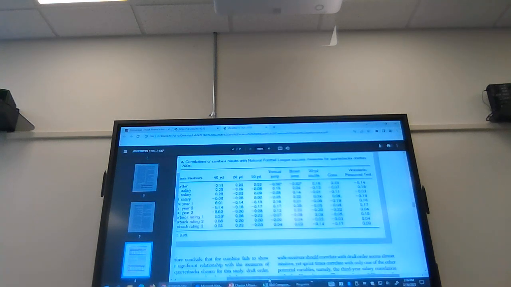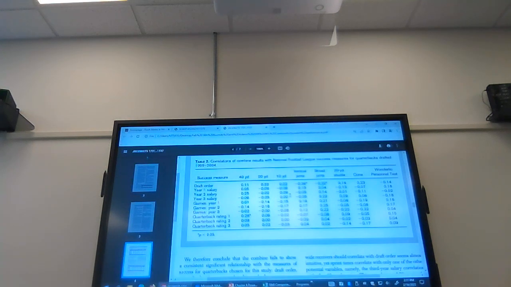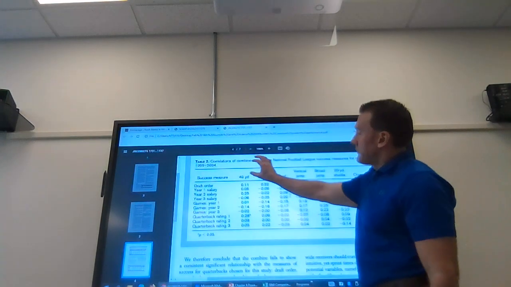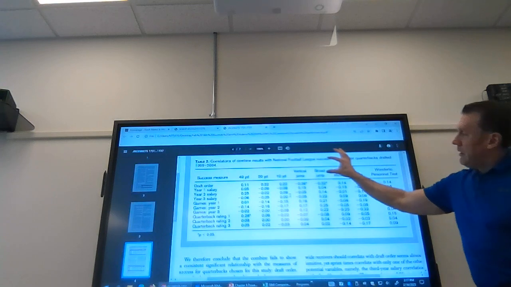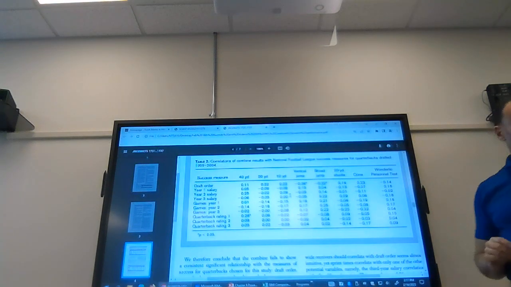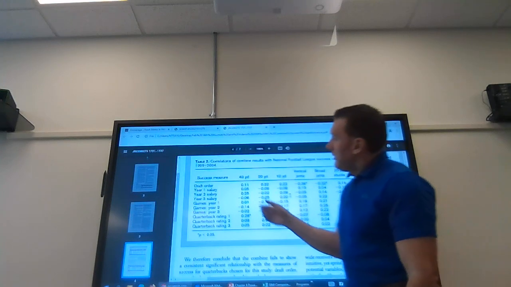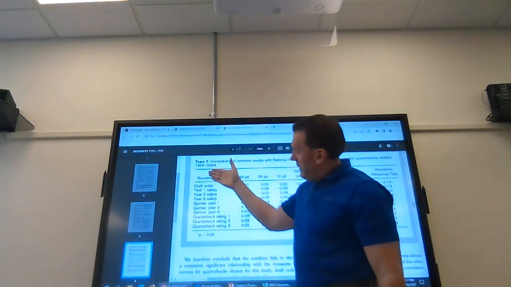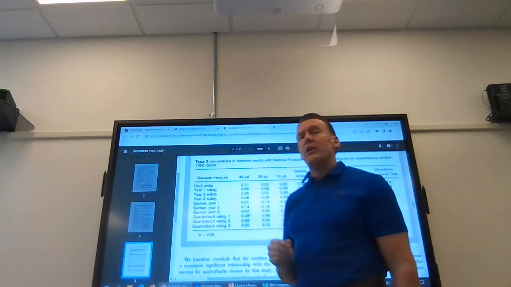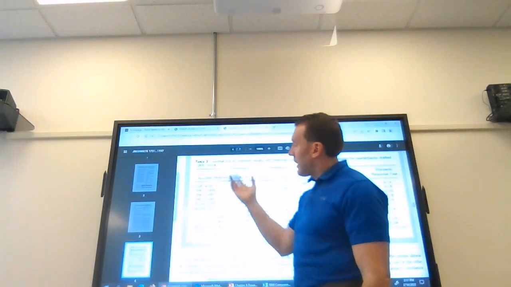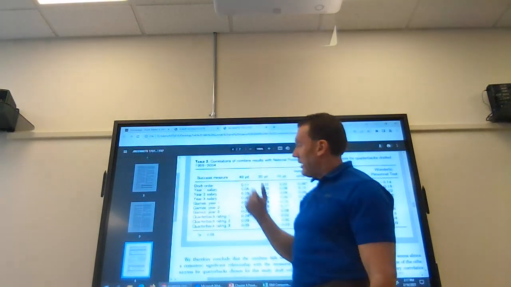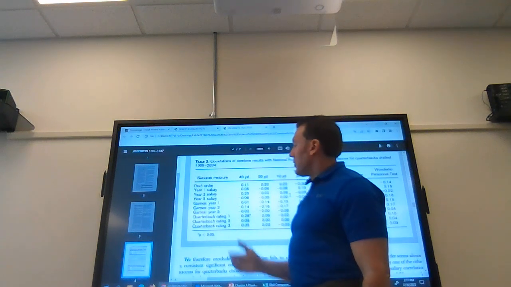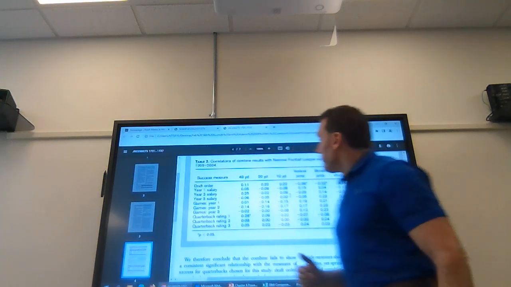You have the quarterbacks table, which is table 2. Across the top you can see the tests that were included in the combine at that time. Down the first column you can see different measures such as draft order, salary, games, quarterback rating.